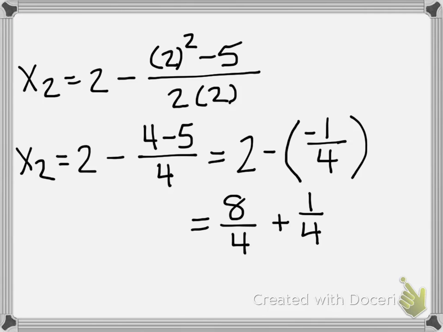So whenever we get our common denominator, we get 8 over 4, which is 2, and our signs changed to positive, and we still have our 1/4. So whenever we solve that, since we have common denominators, we get 9 over 4, which is our x2. So now we just do the whole thing over again using 9 over 4 as our x2, and we will solve for x3.